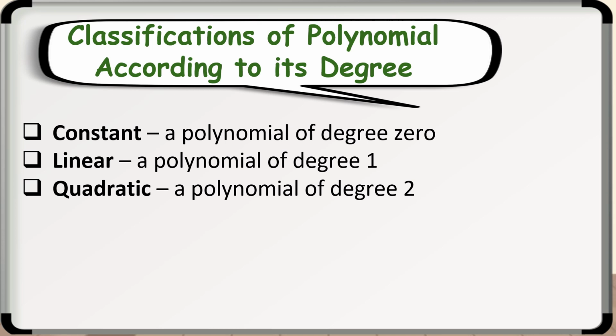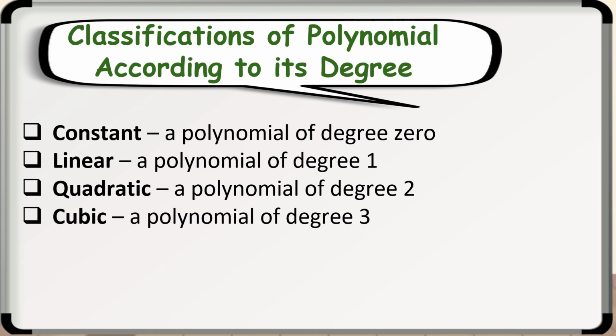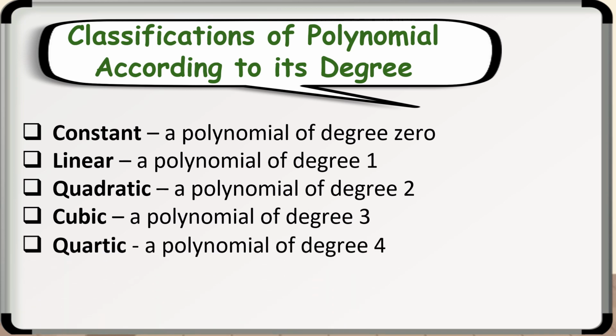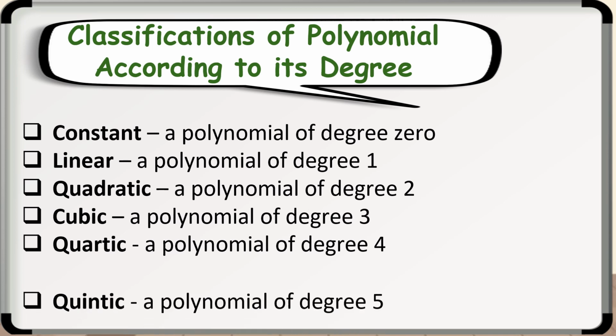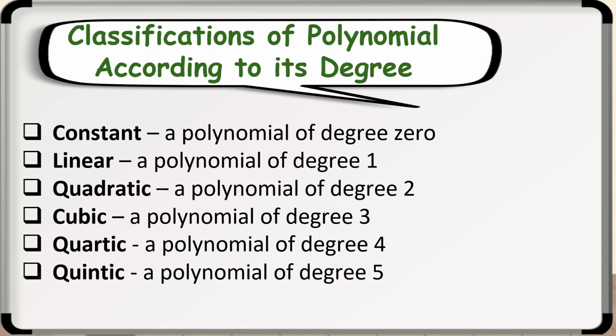We also have cubic, which is a polynomial of degree 3. And quartic, which is a polynomial of degree 4. Also, quintic, which is a polynomial of degree 5. The next degrees have no universal name yet, so they are just called polynomial of degree, let's say 6, 7, 8, 9, 10, and so on.